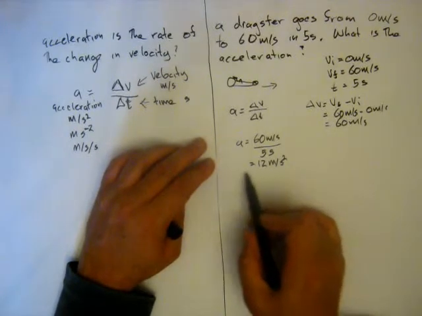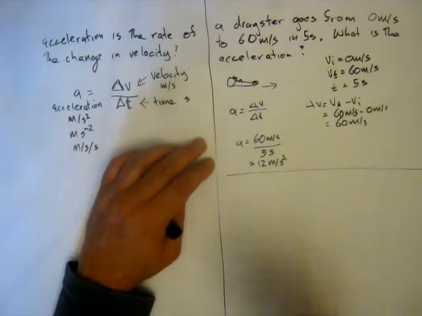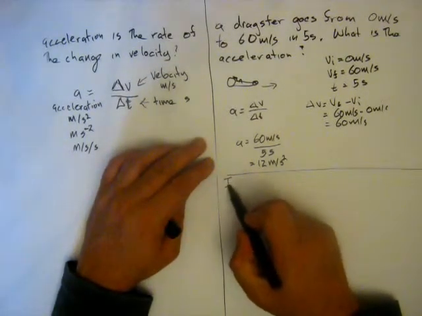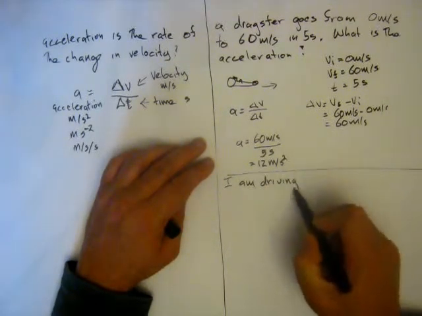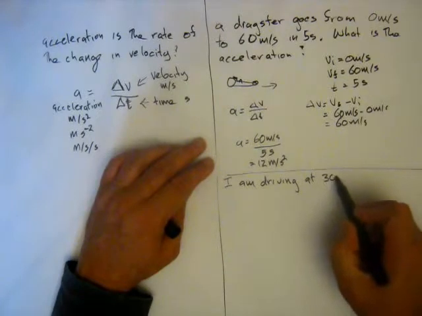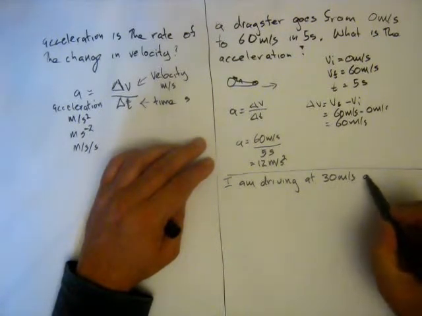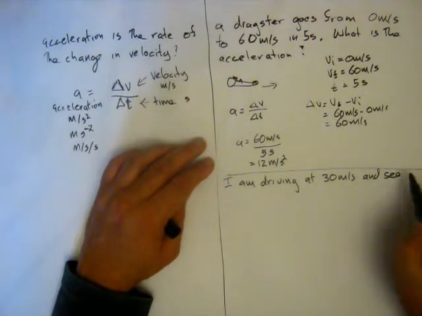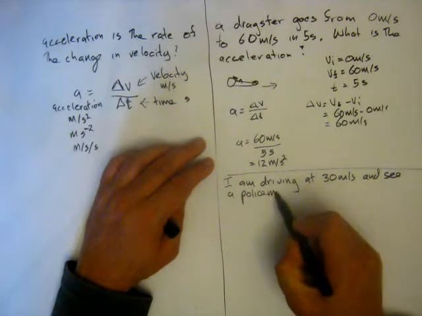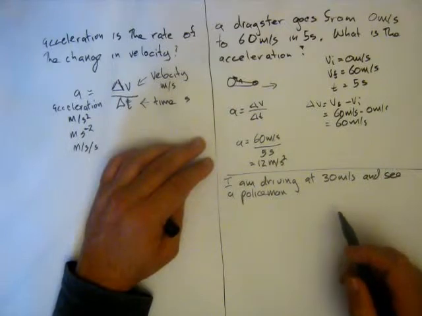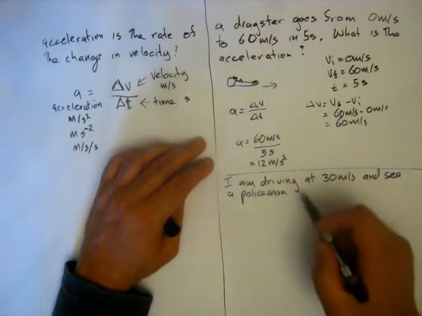Okay, let's do another example. I am driving at 30 meters per second and see a policeman. So 30 meters per second is a little bit faster than the speed limit where I live.